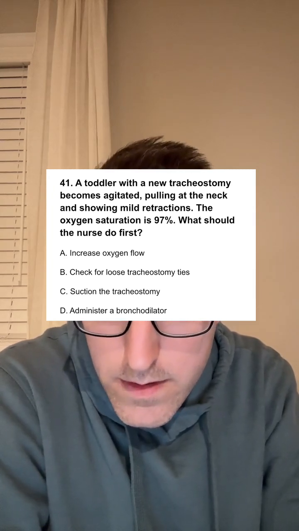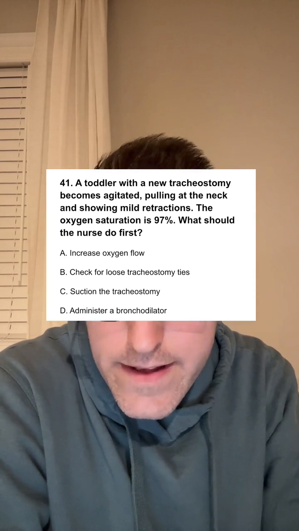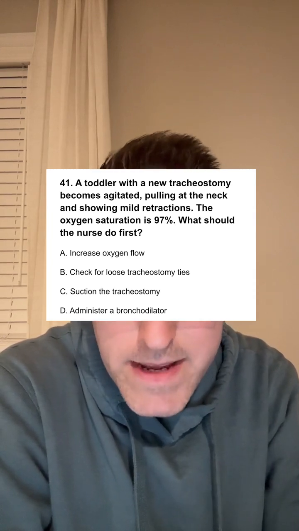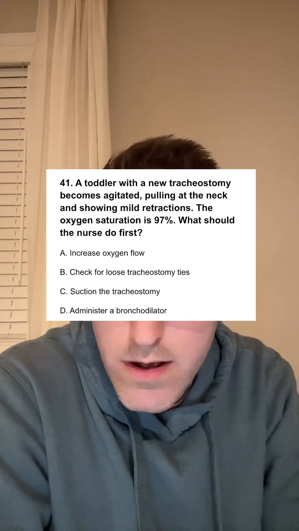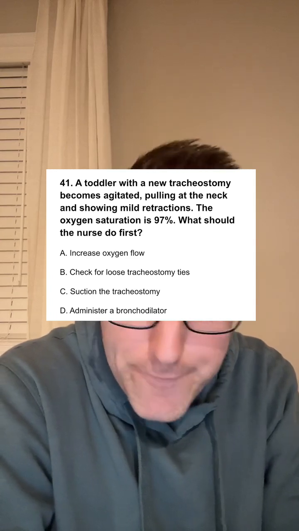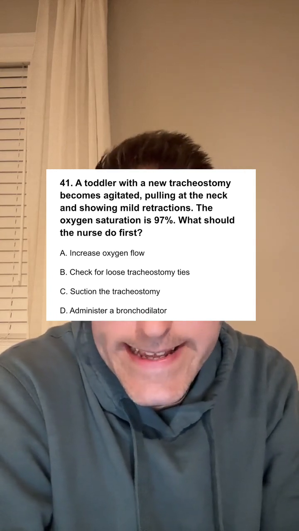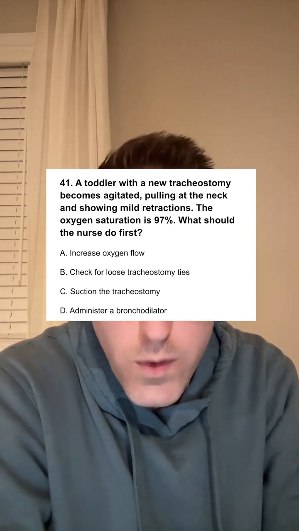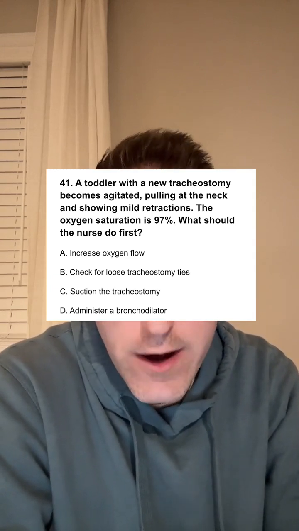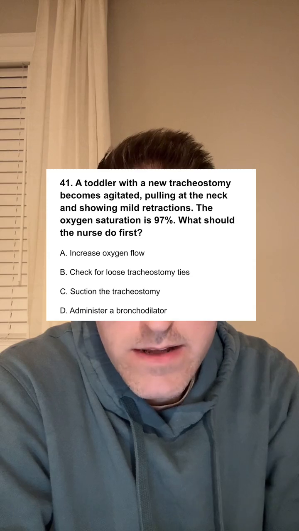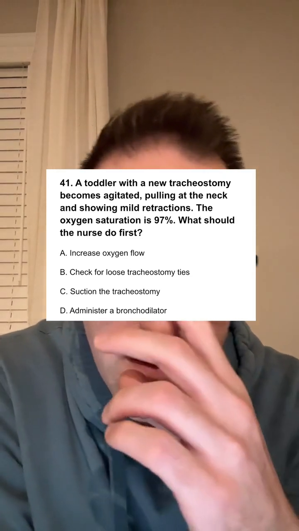It's not A, because the O2 flow doesn't fix any mechanical displacement. C is wrong because suctioning is done after confirming secure placement. And D is wrong because bronchodilators will not fix a mechanical airway issue. Does that make sense?